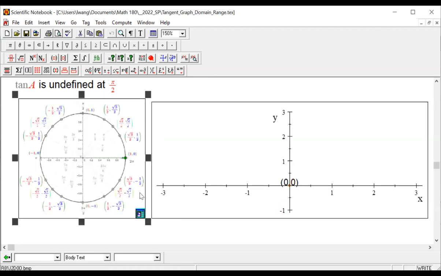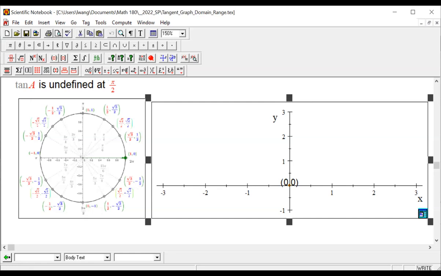So then what? We still have to observe the behavior of this ratio, this function tangent, before it reaches pi over 2, don't we? So what can we do? What we're trying to observe is what happens when the angle approaches pi over 2.